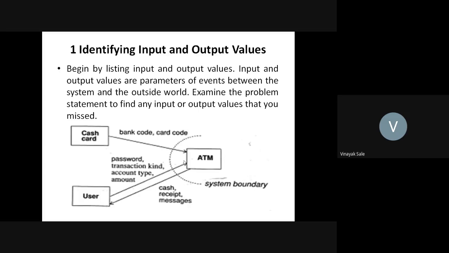Then the ATM asks for the password. This is the output. Whenever the user enters the password, this is the input. Then the ATM shows the screen. This is the output. So examine the problem statement to find any input or output values that you missed.